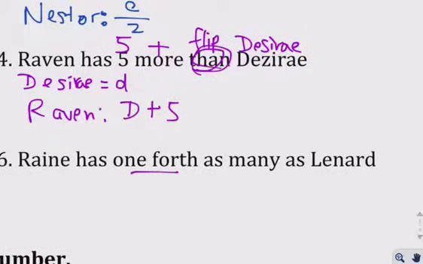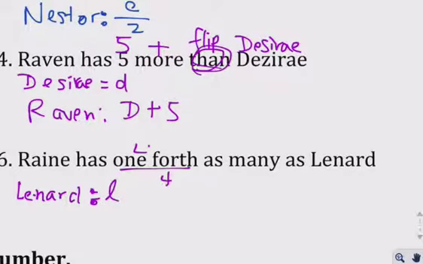Rain has a 4th. A 4th is divided by 4. So Rain has a 4th as many as Leonard. So Leonard divided by 4. We don't have room, so we give the letter L for Leonard. I'm going to curve my L so it doesn't look like a 1.